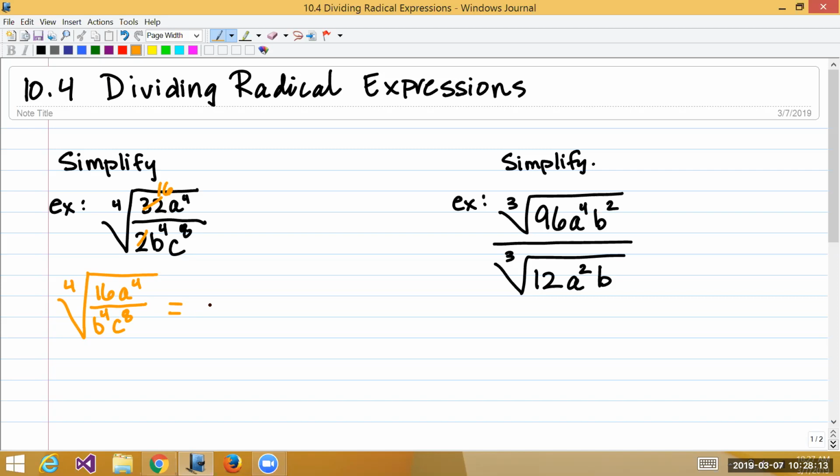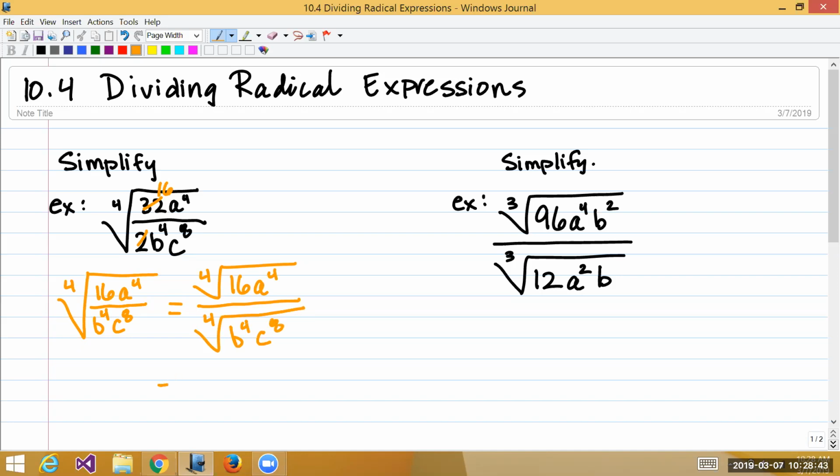Remember, the division rule or the quotient rule basically states if you have a quotient or basically a fraction inside of a radical, you can split it into 2 of them. So we can make this the 4th root of 16a to the power of 4 divided by the 4th root of b to the power of 4, c to the power of 8.